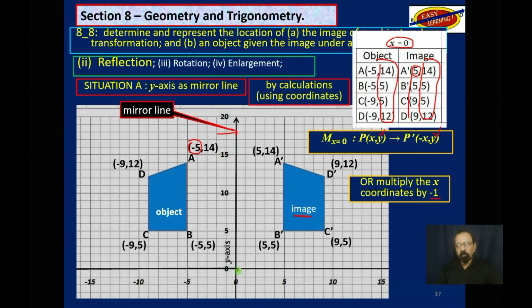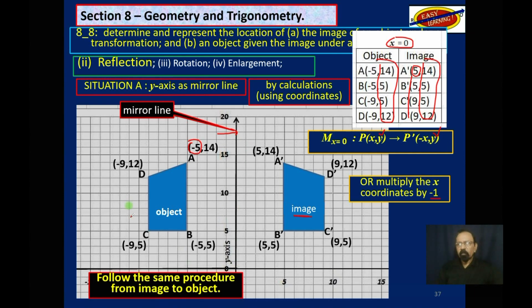Whenever x is equal to 0, the mirror line is y. This is what always happens. Of course, if you have to go the other way around, you would keep the y values the same and then divide the x values by -1. That is situation A, by calculation and previously by drawing.